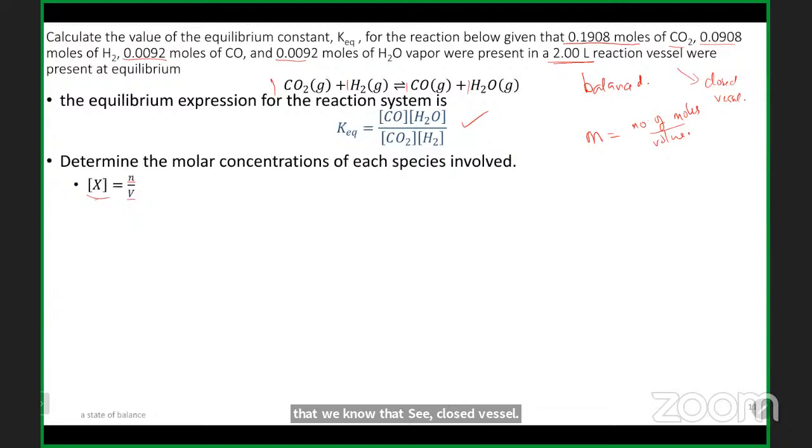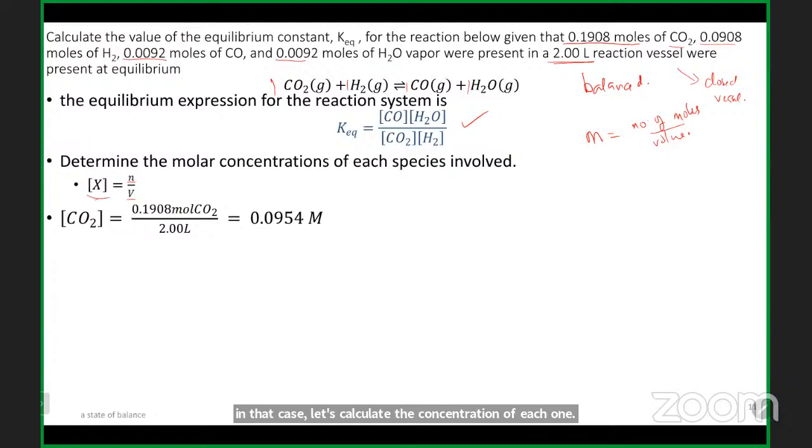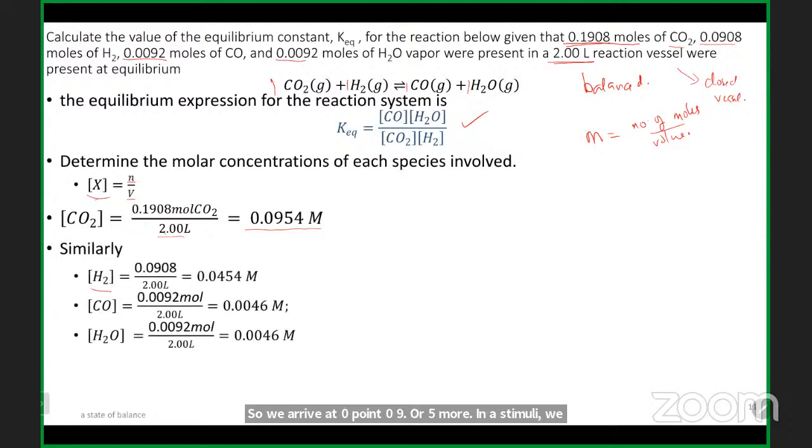Okay, in that case, let's calculate the concentration of each one. For CO2, the concentration is 0.1908 moles divided by 2.0, so we arrive at 0.0945 mole. In a similar way, we can calculate it for H2.